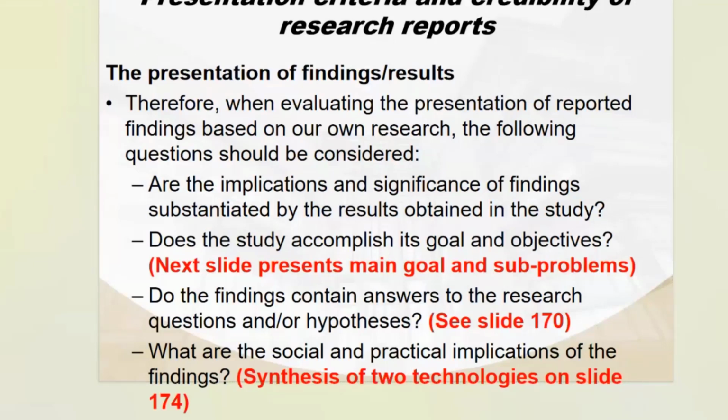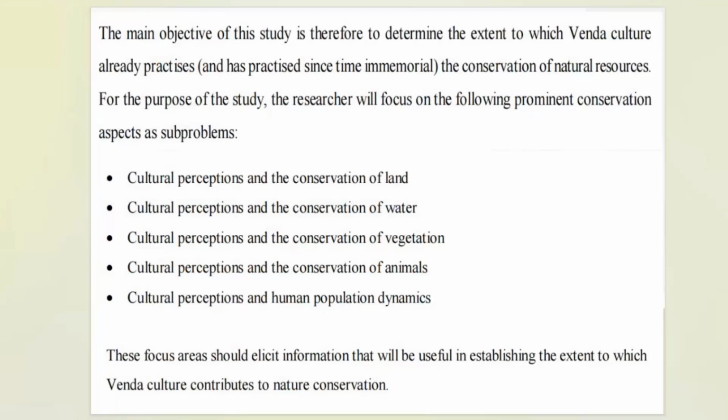My objectives were referred to as sub-problems. Here they are. Here is the goal now. The main objective, which is the goal of this study, is therefore to determine the extent to which the Venda culture already practices the conservation of natural resources. For the purpose of the study, the researcher will focus on the following prominent conservation aspects as sub-problems.